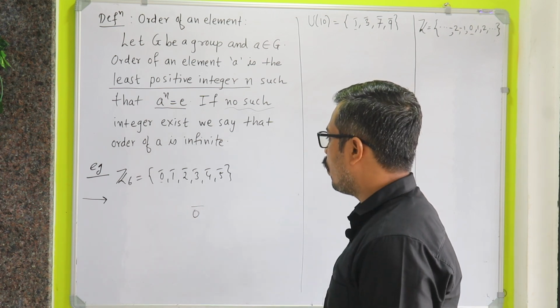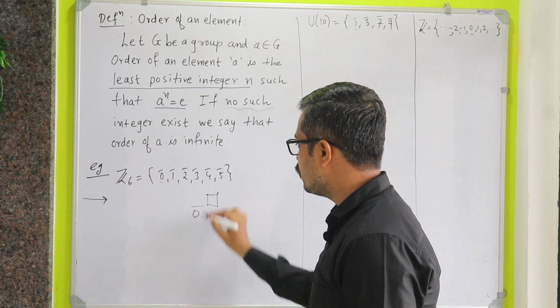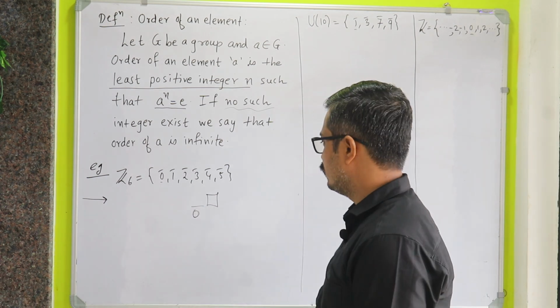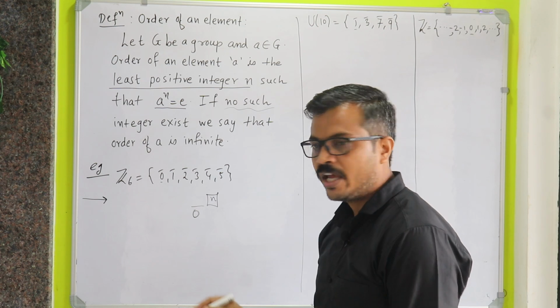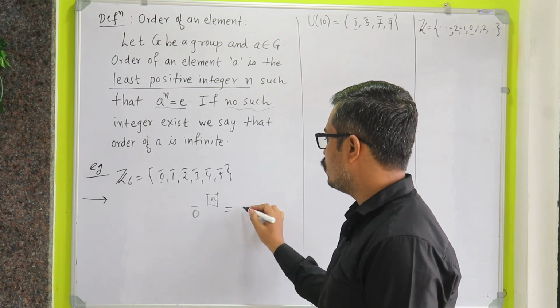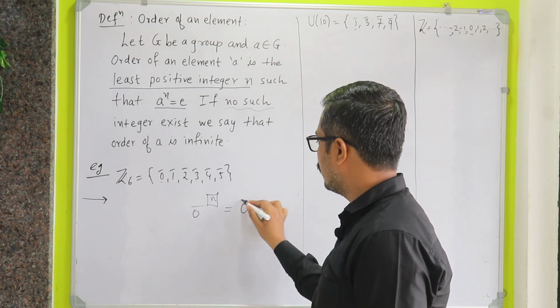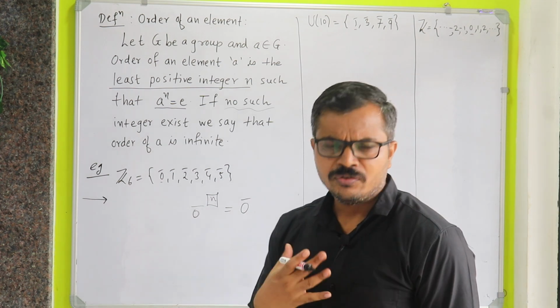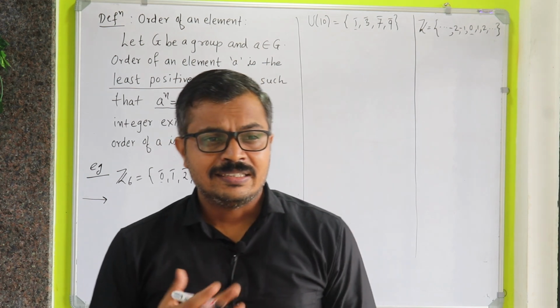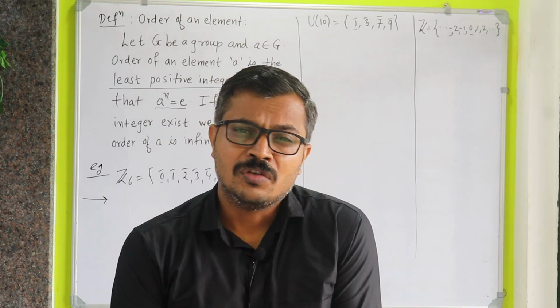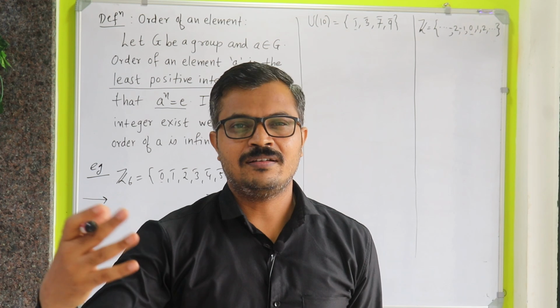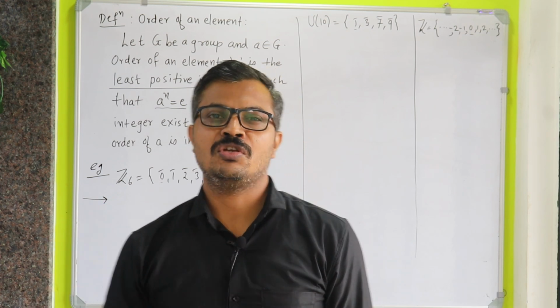We are looking for the least positive integer n such that 0 bar raised to n should be equal to the identity element of Z6, and that is nothing but 0 bar again. And if you think properly, this least positive integer n will be nothing but 1, right? 0 bar raised to 1 is going to be 0 bar.